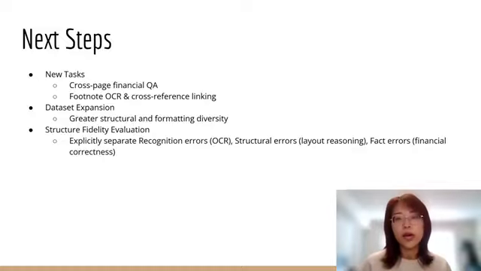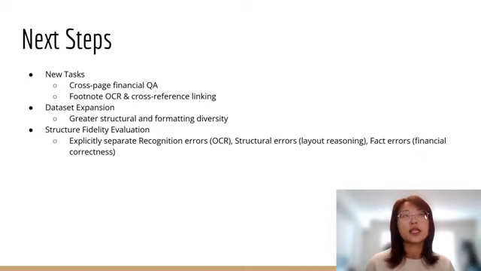It's not only about the errors in the financial critical fields. Therefore, in next steps, we want to introduce some new tasks. For example, cross-page financial question answering, because we see there are sometimes very long tables that span pages. We want to see how well the large language models extract information or do QAs that require information across pages.